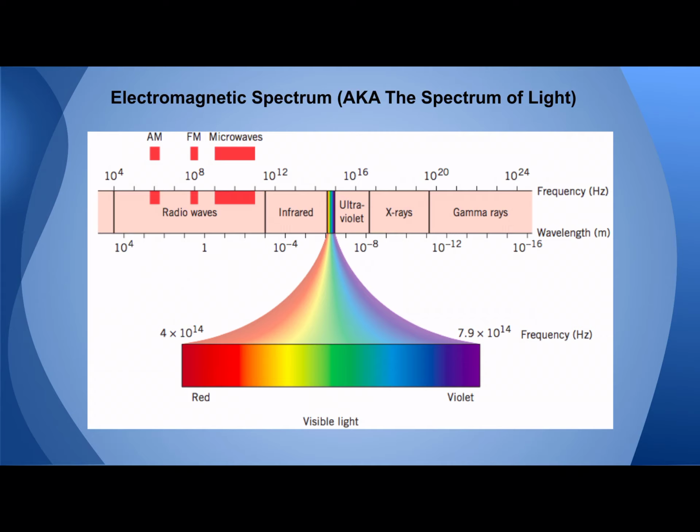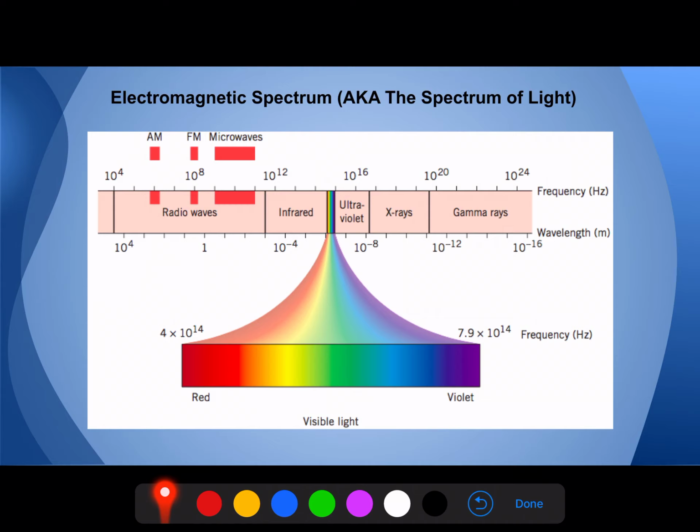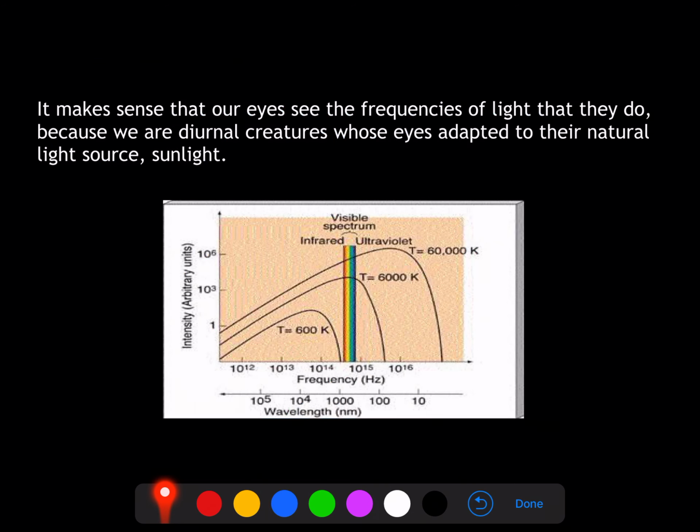The entire electromagnetic spectrum consists of electromagnetic radiation ranging from very low frequency or long wavelength radio waves all the way up to very high frequency or very short wavelength gamma rays and everything in between.